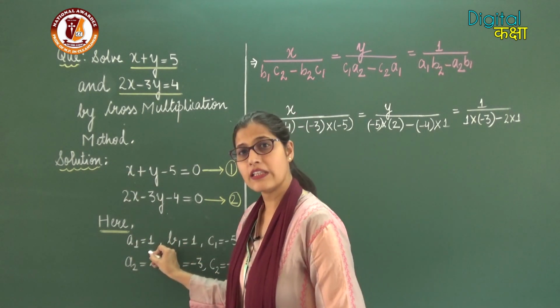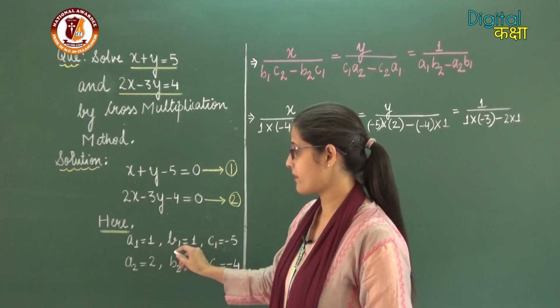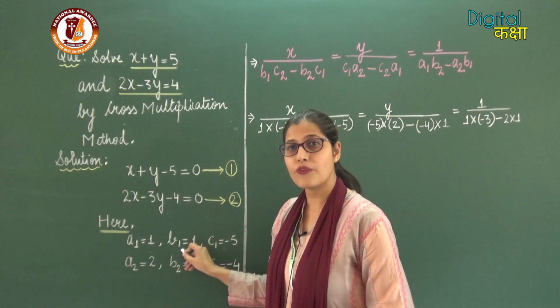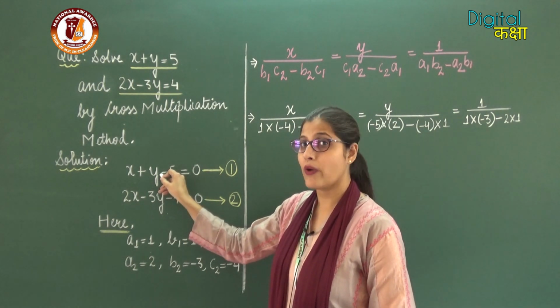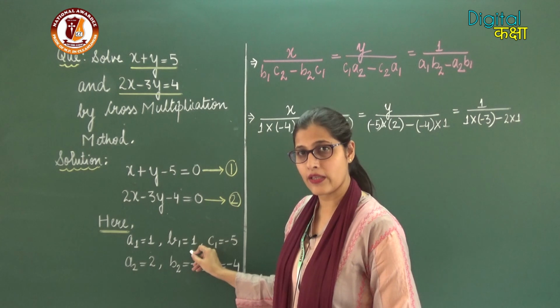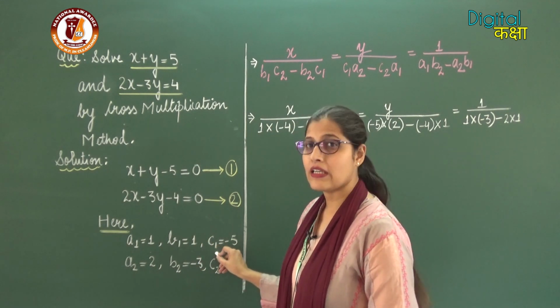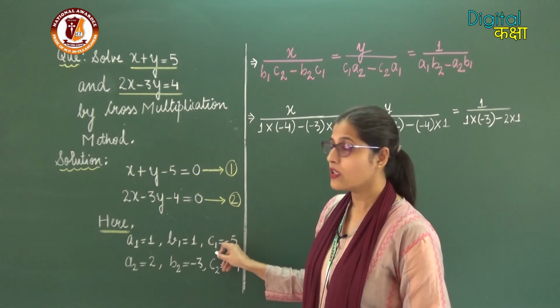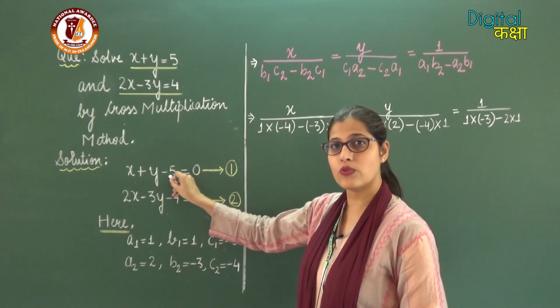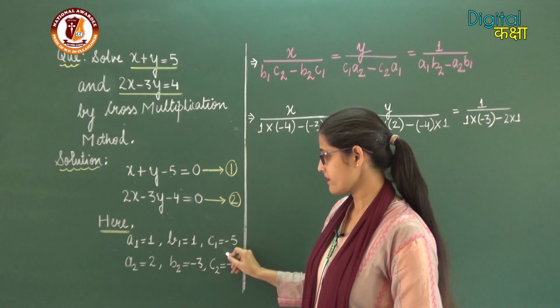So we have written a1 equals 1. b1 is the coefficient of y in equation number 1, so the value will be 1. And c1 is the constant present in equation 1, so its value is minus 5.